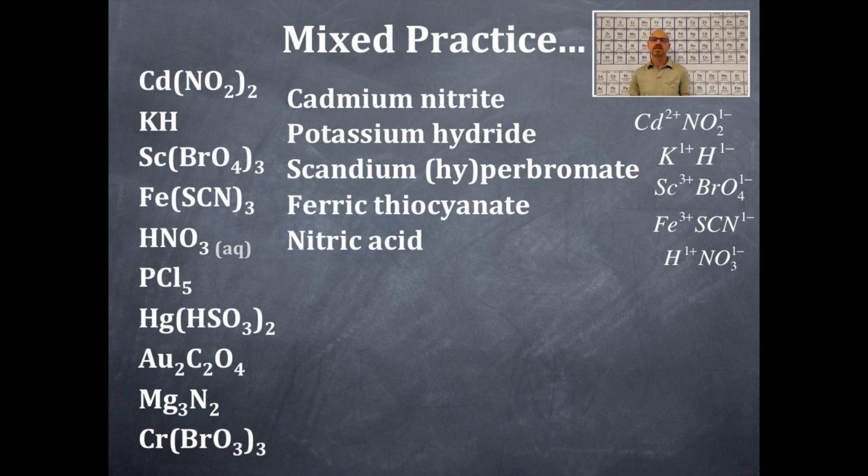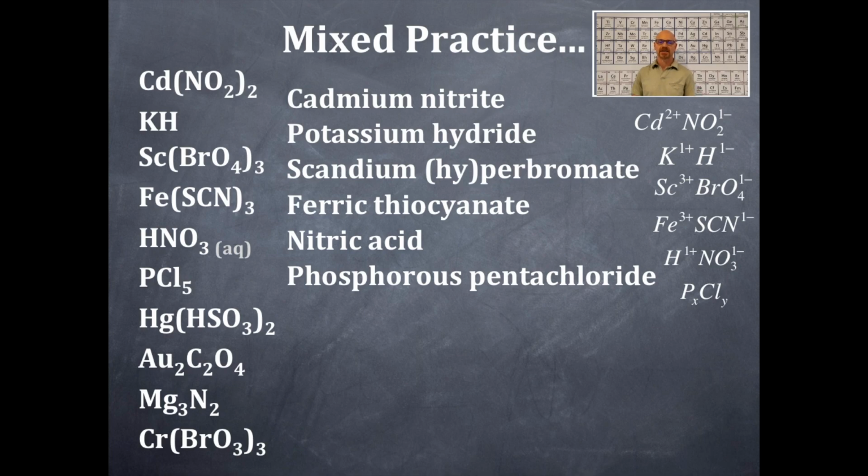Next one is a PCl5, and what you have to recognize here on this one is you have 2 nonmetals. That's a phosphorus and a chlorine. How many phosphorus do you have? 1, so it's phosphorus. How many chlorines do you have? 5. The prefix for 5 is penta, so it's phosphorus pentachloride. The next one has an Hg, and that's a mercury.